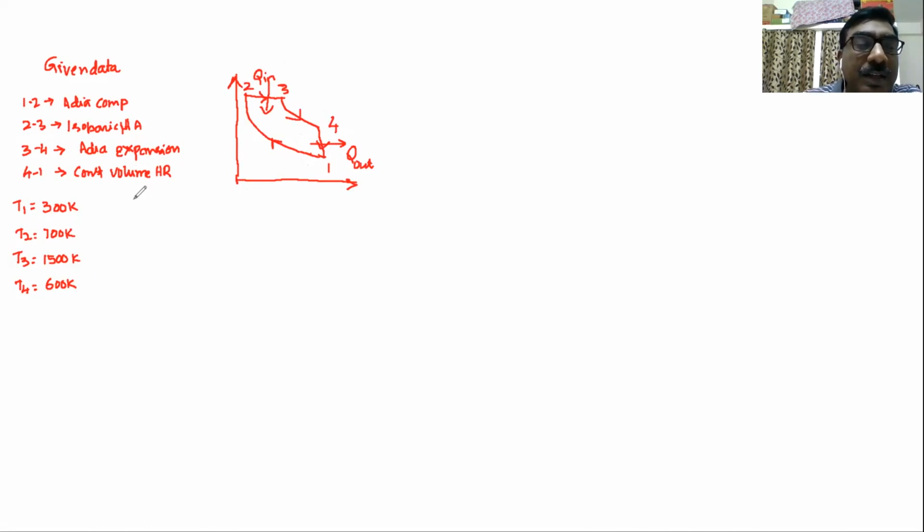Okay, and here the other data given is Cp is equal to 1.005 kilojoules per kg Kelvin, Cv is equal to 0.718 kilojoules per kg Kelvin, and gamma is equal to 1.4, because it is air.